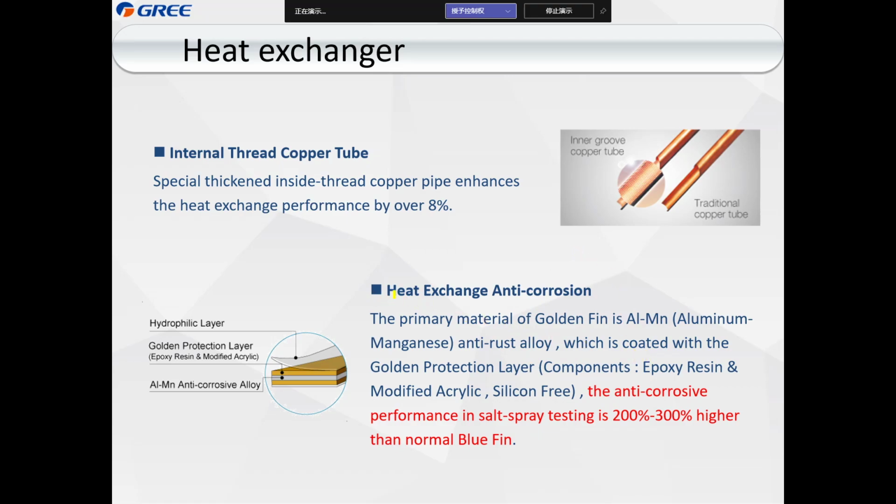And another is the heat exchanger anti-corrosion layer, the hydrophilic layer. The primary material is golden fin. We can provide a golden fin, which is an aluminum manganese anti-rust alloy.